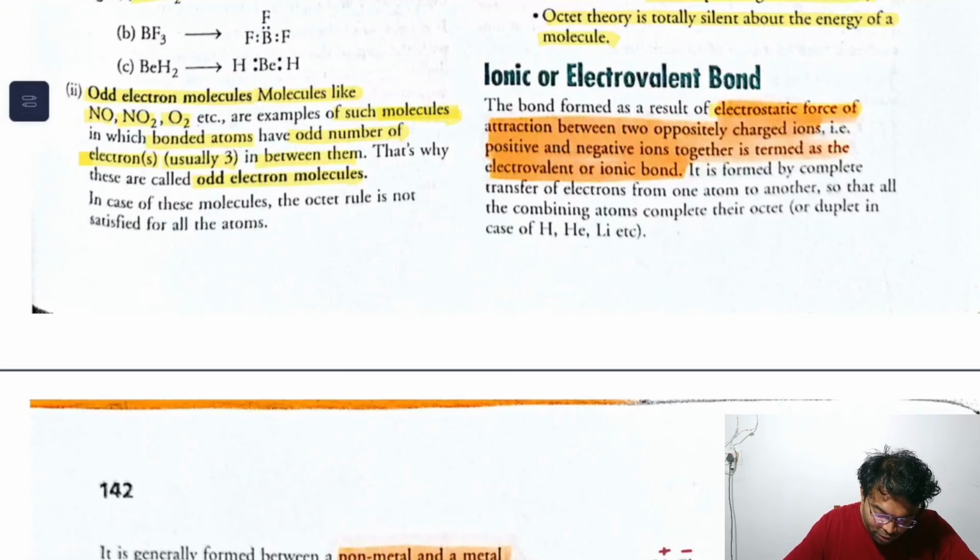If you have 3 electrons in between them, that's why they are called odd electron molecules.